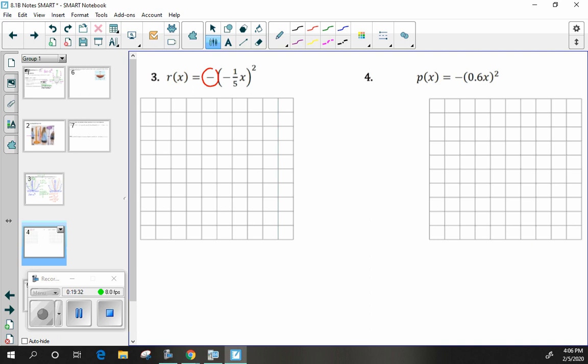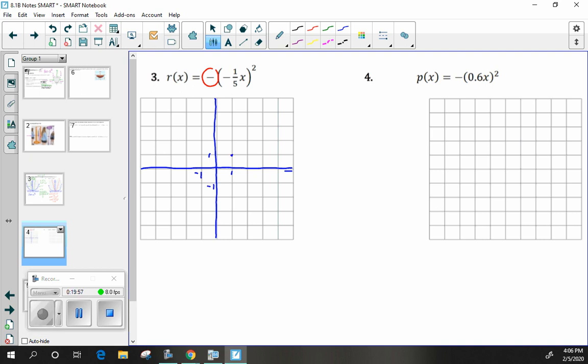So if we draw, let's put our x-axis here in the middle. Our y-axis. And we'll just do a scale of 1 to 1. So this is 1 right here. This is 1 right here. This is negative 1, and this is negative 1.